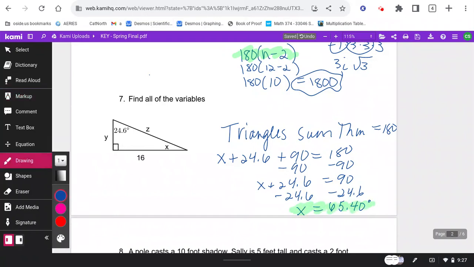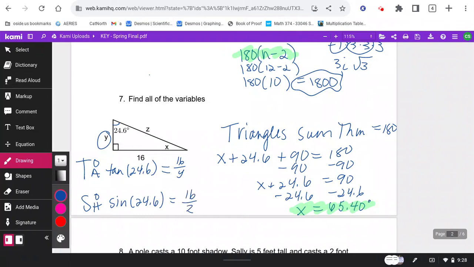Now we're going to use trig to do these other two sides. So using a reference angle at 24.6, I can first solve for y by doing opposite over adjacent. And then I can do the other one with the sine function, opposite over hypotenuse. That's z.